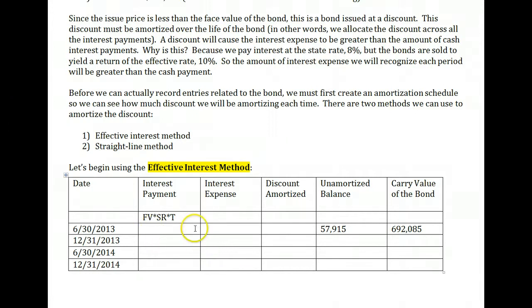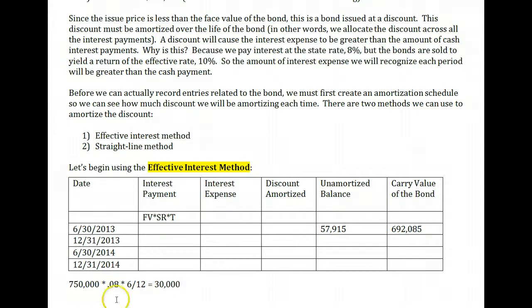So in this case, the face value again was $750,000. So to get this interest payment, we did it in a prior video, but let's just show you how it works. 750 times the stated rate of 8%, times our time. This is a semi-annual, so it pays every 6 out of 12 months. And when you do that, you take 750,000 times 0.08 times 6 over 12, you get actually $30,000.